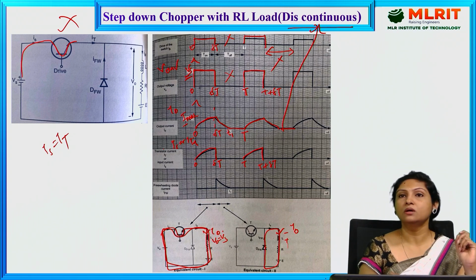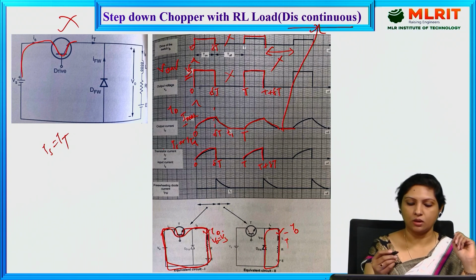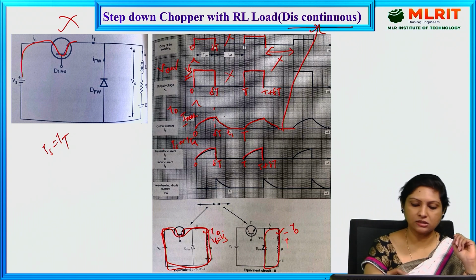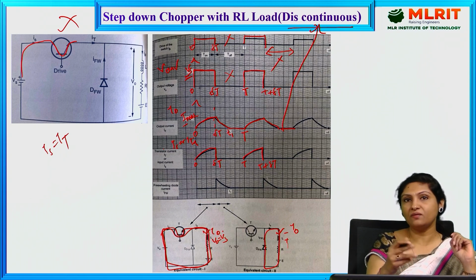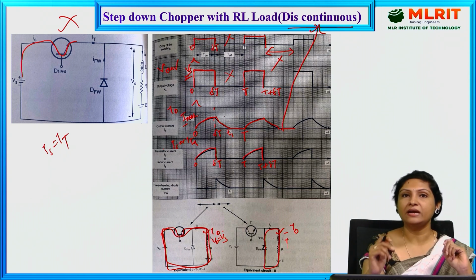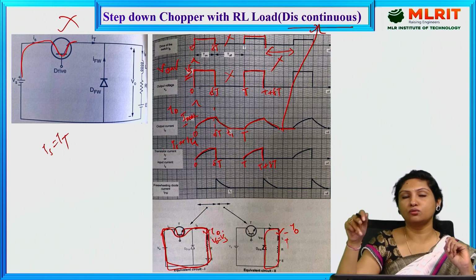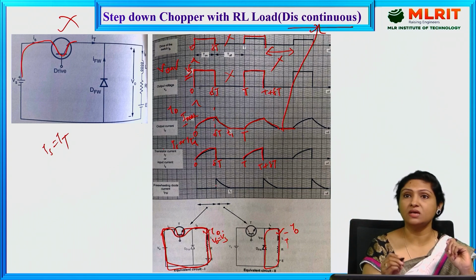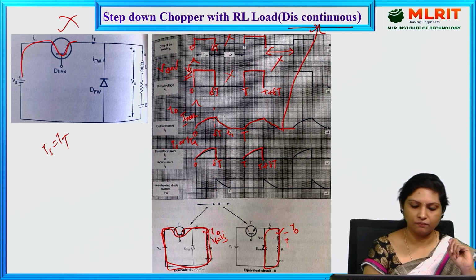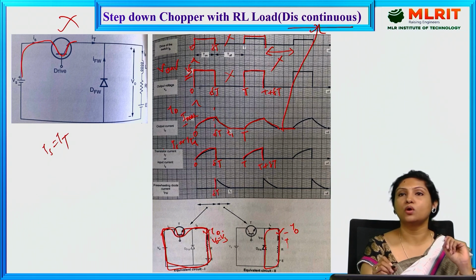And coming to the current through the freewheeling diode. Current through the freewheeling diode is present from the moment we withdraw the base drive; the freewheeling diode comes into picture and takes over the current flow through the load. So the moment the base drive is withdrawn for the transistor, that is from delta t to the next instant. How long will it conduct?